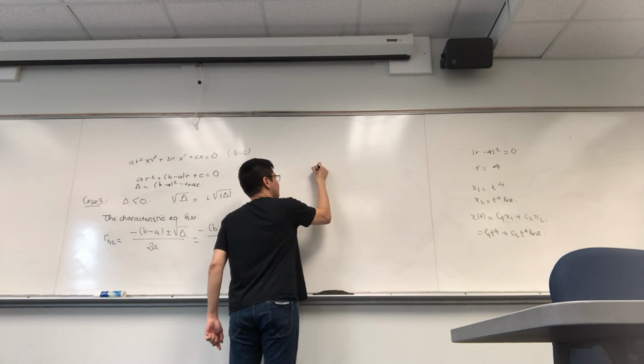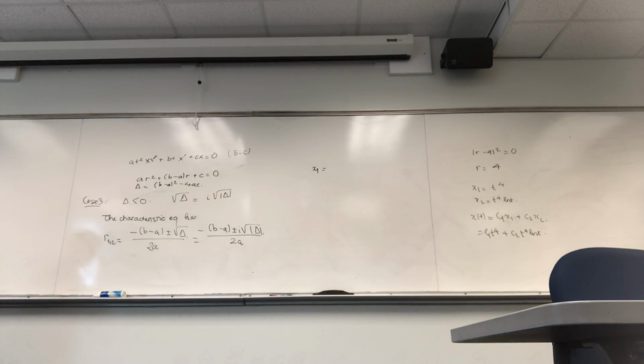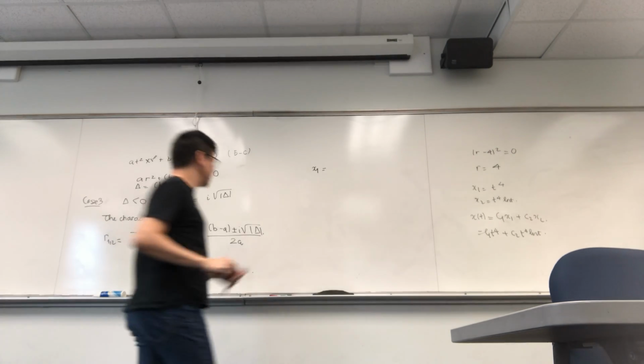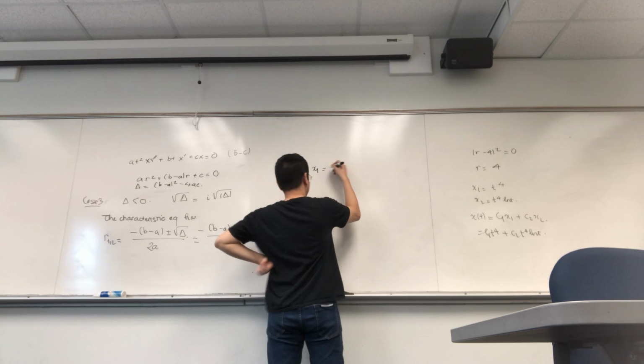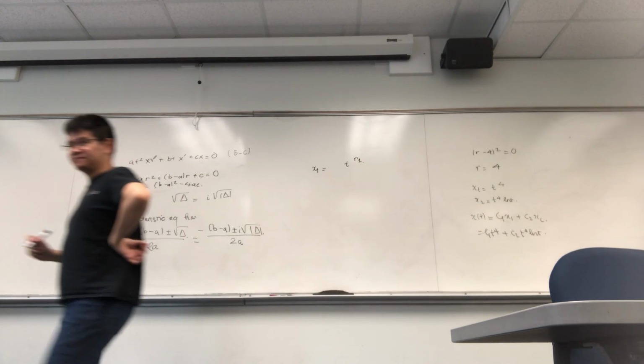Right, so what is x1? T to the negative (b minus a) plus or minus i square root of delta over 2a. So x1 is still the same, right? T to the r1.